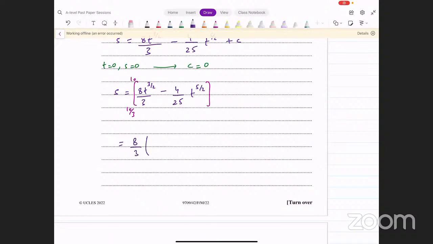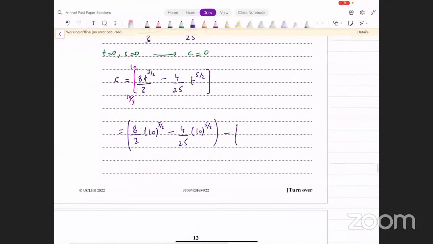8/3 into 10 raised to power 3/2 minus 4/25 into 10 raised to power 5/2. This is what you get when you input 10. यहाँ पे input करके दिखाना है जरूर. इसकी working दिखानी जरूरी होती है. ठीक है, आपको show करना है. इनपुट करके, उसके बाद आप आंसर लिख सकते हैं.